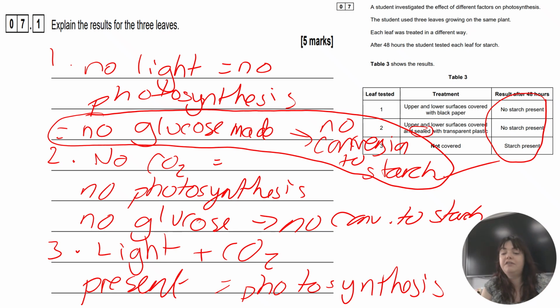So you either say there's no glucose made and there's no conversion to starch for 1 or 2, or if you've done both, well done you, okay? Or you get your 4th and your 5th mark from saying the 3, light and CO2 is present, so it can photosynthesize, so it can make glucose, so it can convert it to starch. All right, so those are your other options there.